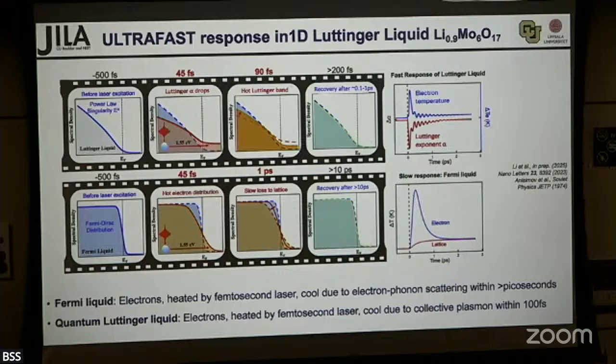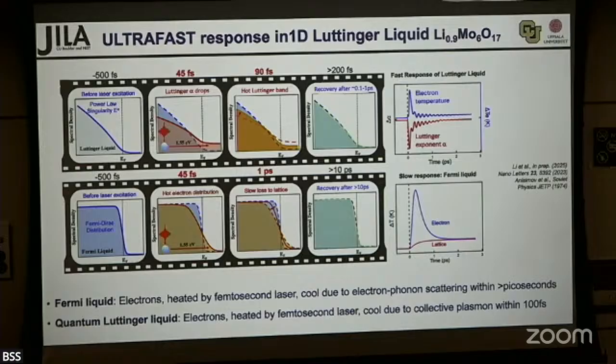I'll show you data next. That's characteristic of, let's say, a collective plasmon excitation. It's not the single plasmon excitation that would be the lowest, because that's a really small, low energy excitation. We can't measure that. But it's a collective plasmon oscillation of the electrons in the Luttinger metal.